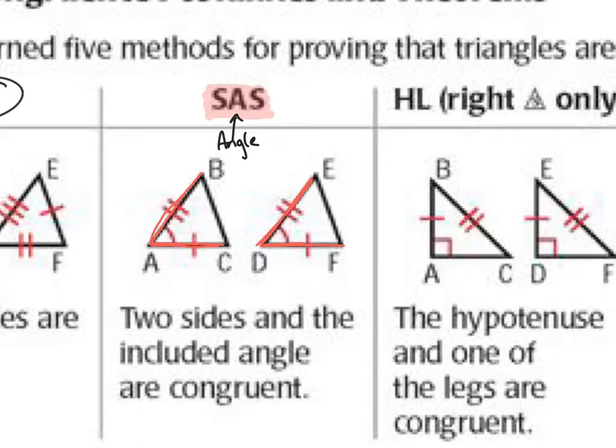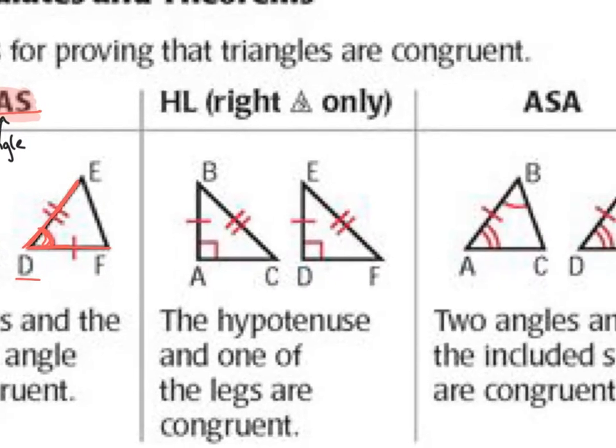So when they use side, angle, side, you need the angle that connects those 2 sides to be congruent. In this case, angle A is congruent to angle D. So side, angle, side, the angle has to be in between those 2 sides.